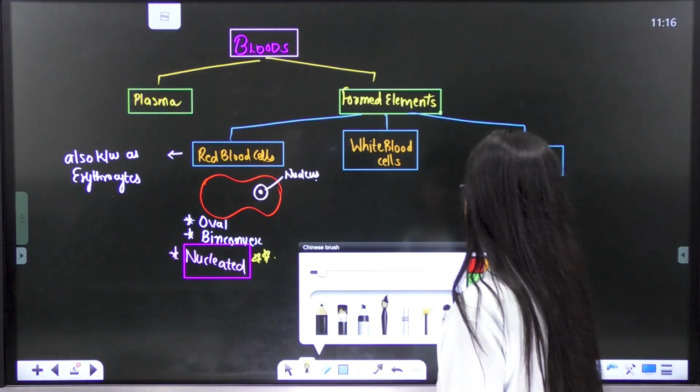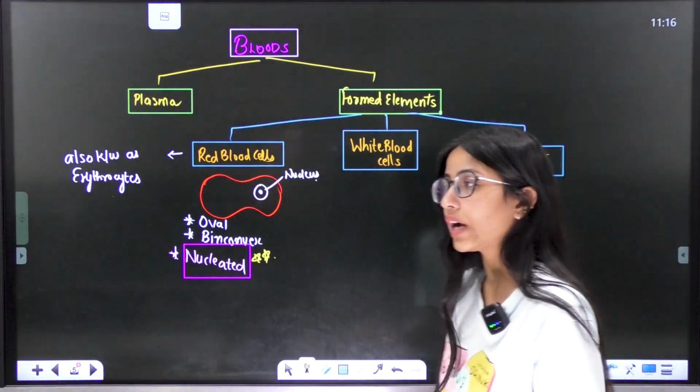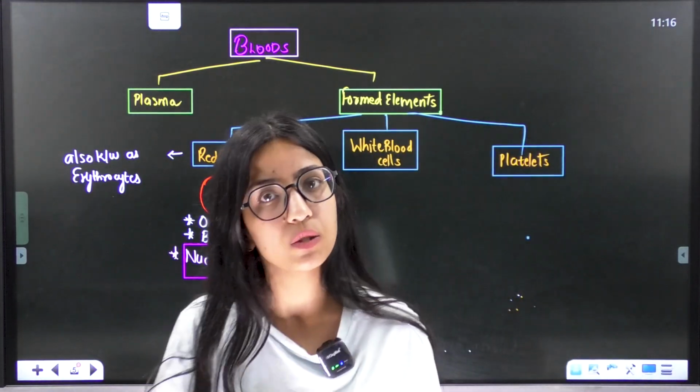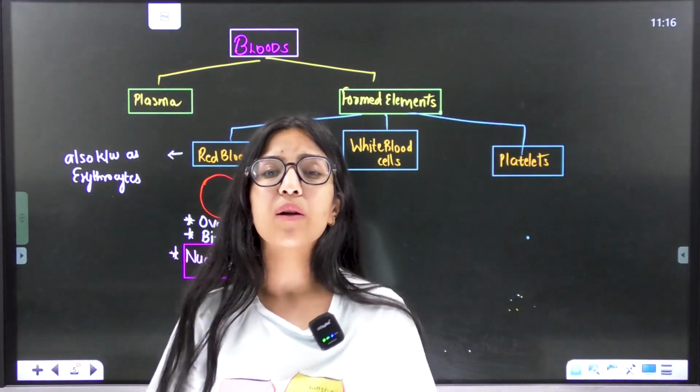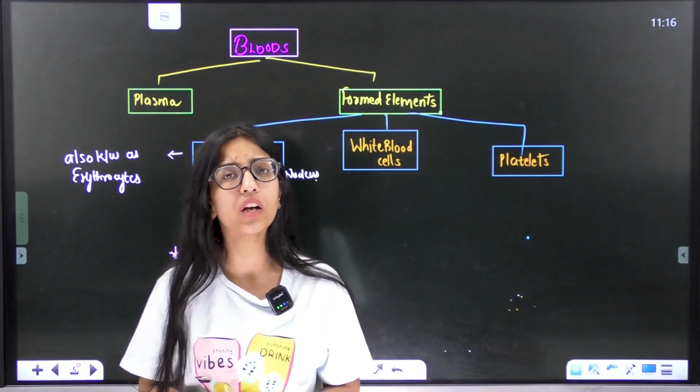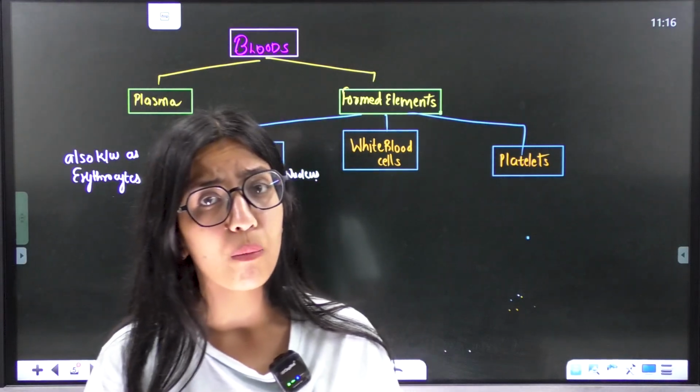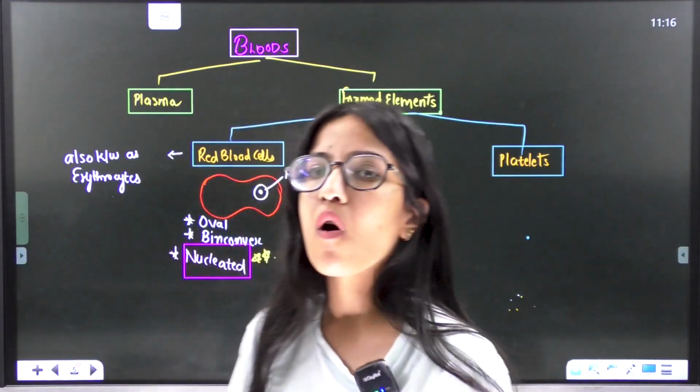Like our RBCs carry a red color pigment, that is hemoglobin, for the transport of oxygen, their RBCs also carry a red color pigment, that is hemoglobin, for the transport of oxygen.